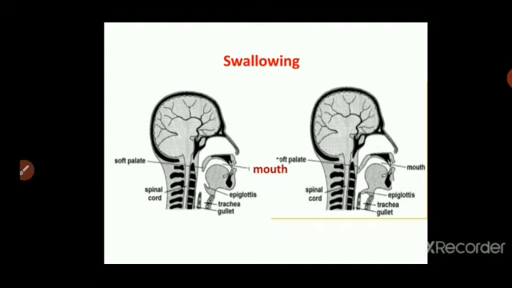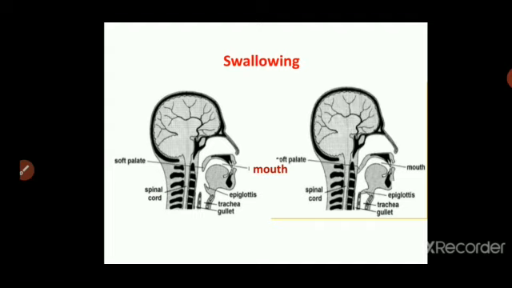The process of swallowing involves many simultaneous actions. The tongue is pressed against the roof of the buccal cavity, that roof which is called the palate. So the tongue gets pressed to the palate and it provides a push to the food bolus. Just try it out. Touch your tongue to the roof of the buccal cavity.